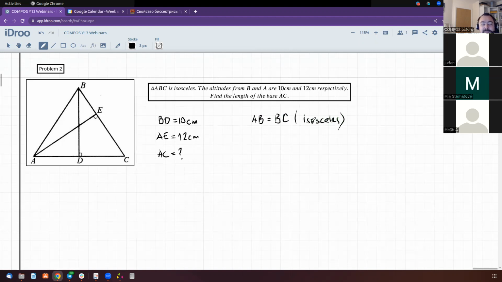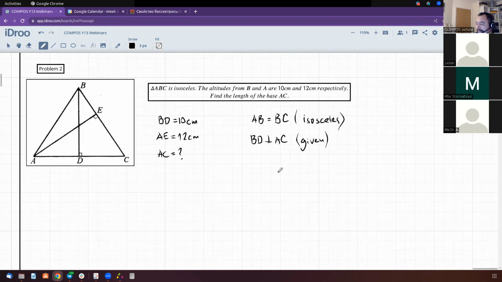Whenever you do geometry, at least at COMPOS, you need to explain every step. You need to explain what you're doing. Because AB equals BC, it's isosceles. Now, BD is perpendicular to AC. You don't need to explain that, that's given, but you can say given.